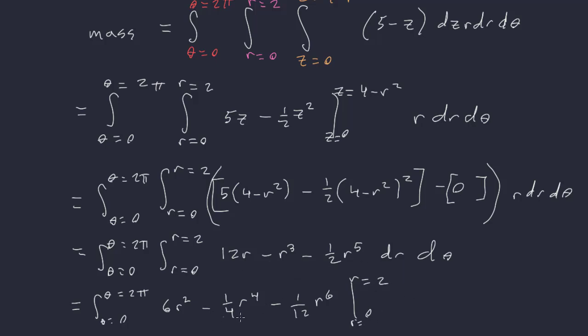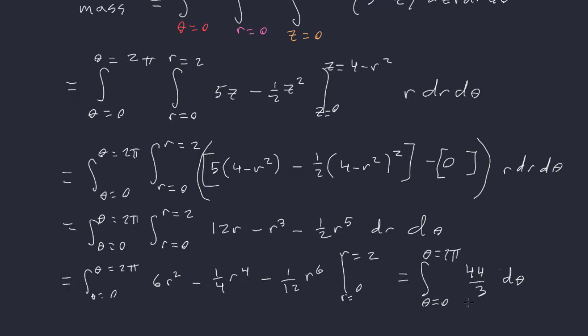So really we just need to plug the 2 in. And I ended up with 44/3. I consider this good practice if you want to see if you can work through this to get to the end. Again, my real concern is are you integrating correctly?